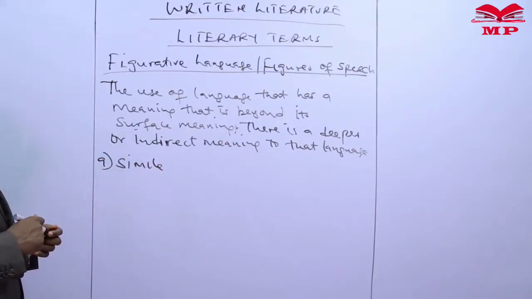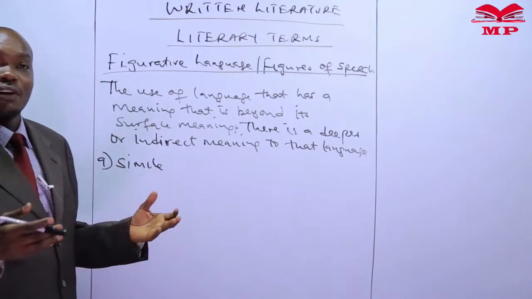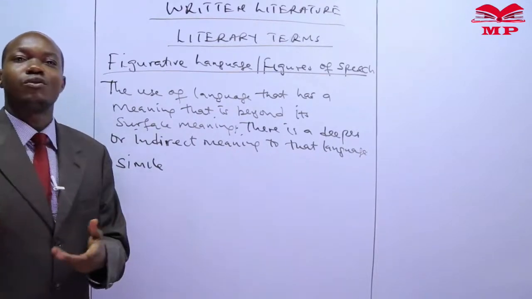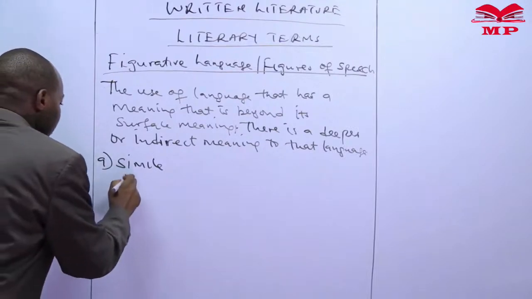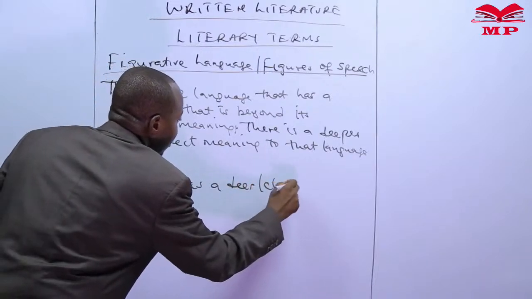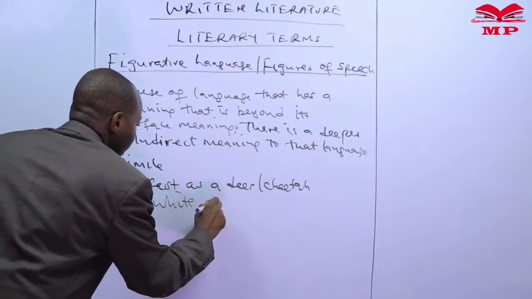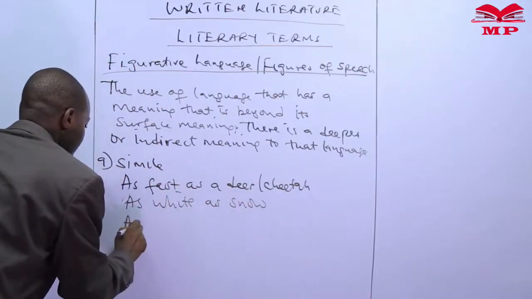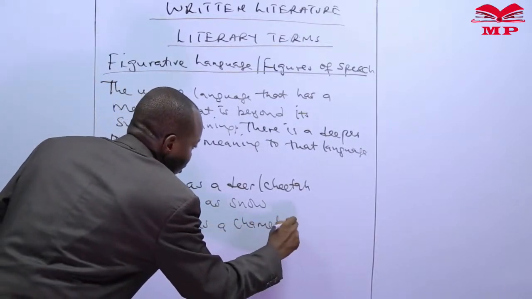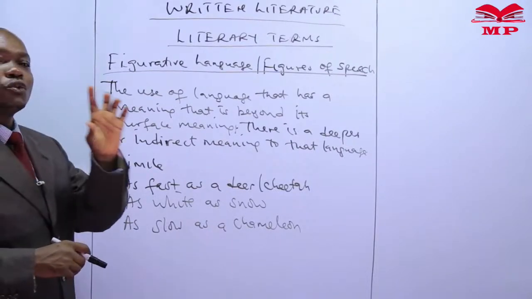Now, similes are words which compare 2 things. You might have words like as fast as a deer, as slow as a chameleon, as white as snow. Those are similes. For it to be a simile, you must compare 2 things.